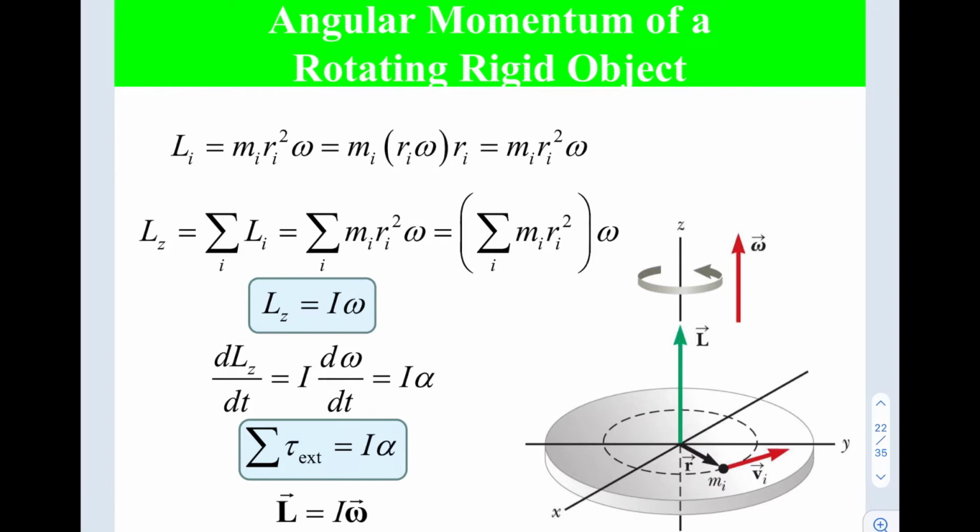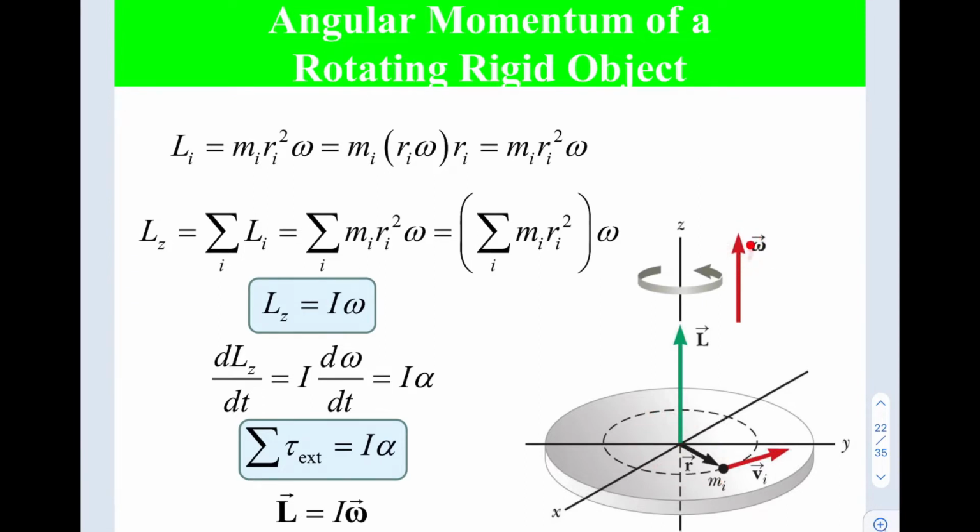Let's consider this rigid object rotating about a fixed axis that is along the z-axis of our coordinate system, as shown here.